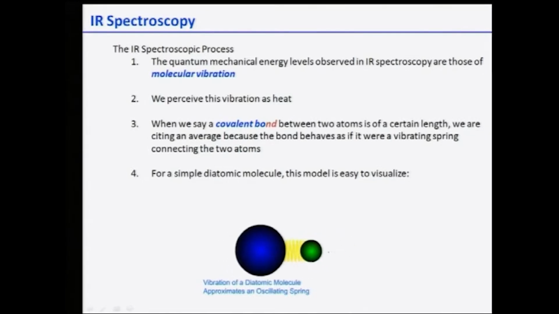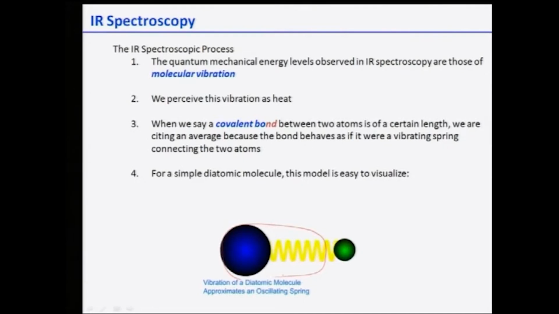For a simple diatomic molecule, we can very easily model this situation using this picture. For any spring there is a vibration frequency which is unique to the spring, and if we know the vibration frequency we know the energy.